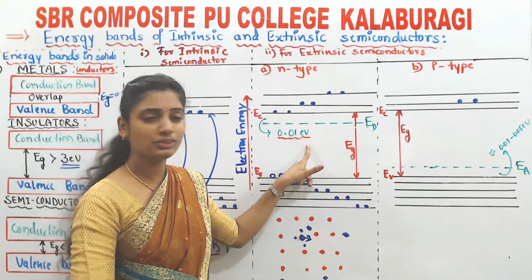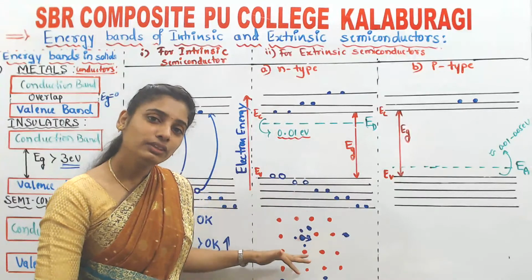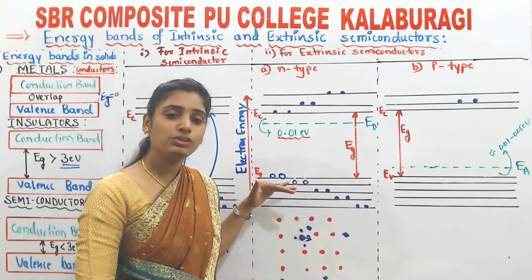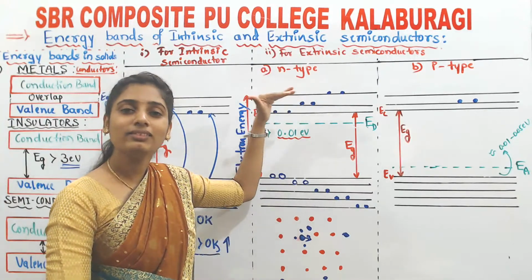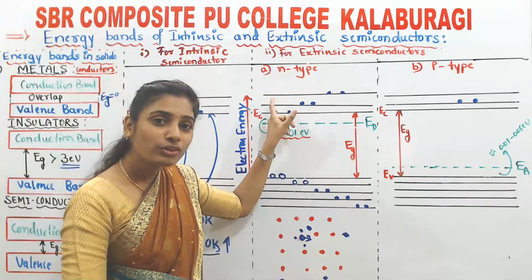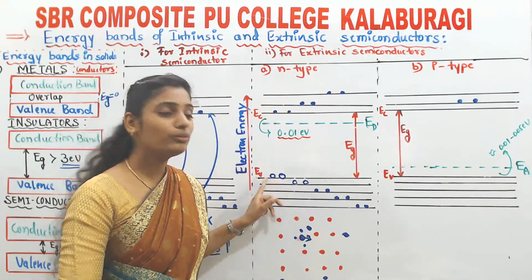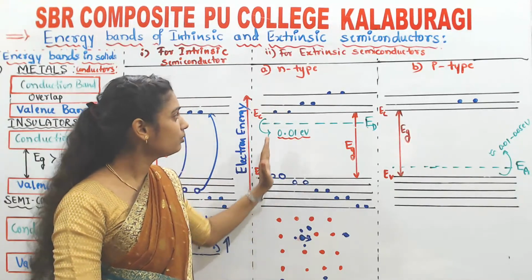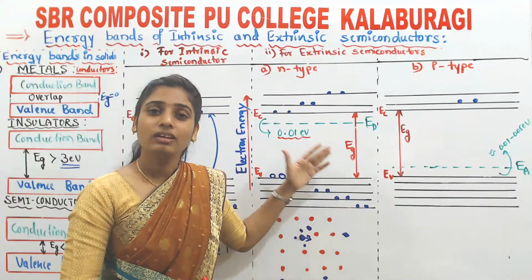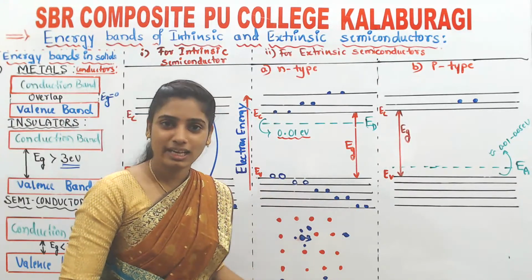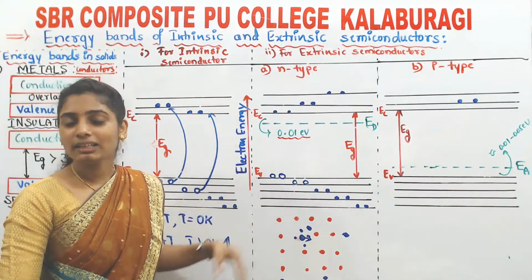If I give this much amount of energy, they will easily jump to the conduction band, and along with that, due to thermal excitation, the valence band electrons also jump into the conduction band, thereby creating more conduction electrons as compared to the holes in the valence band. So that's why in N-type semiconductors, electrons are the majority charge carriers. This is about the energy band in the N-type semiconductor.